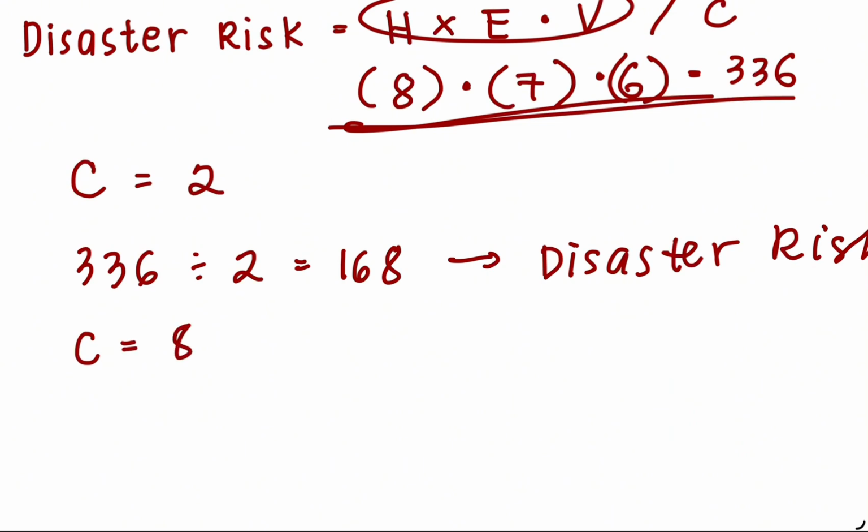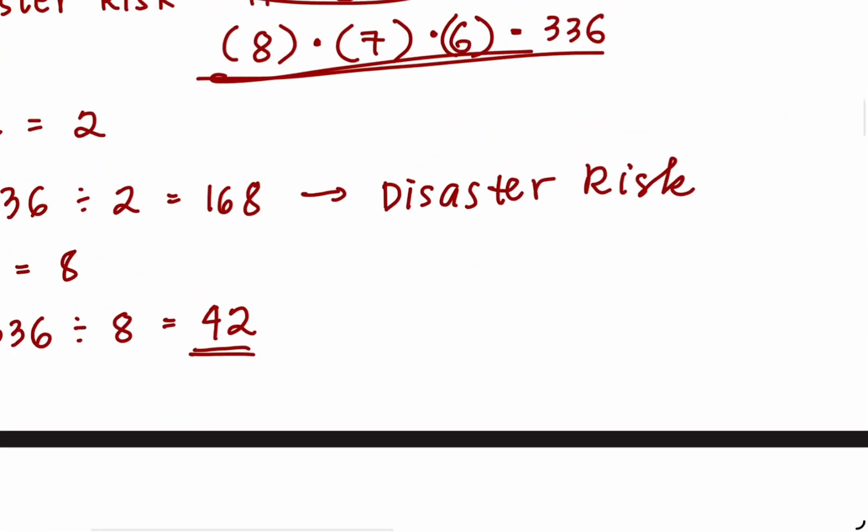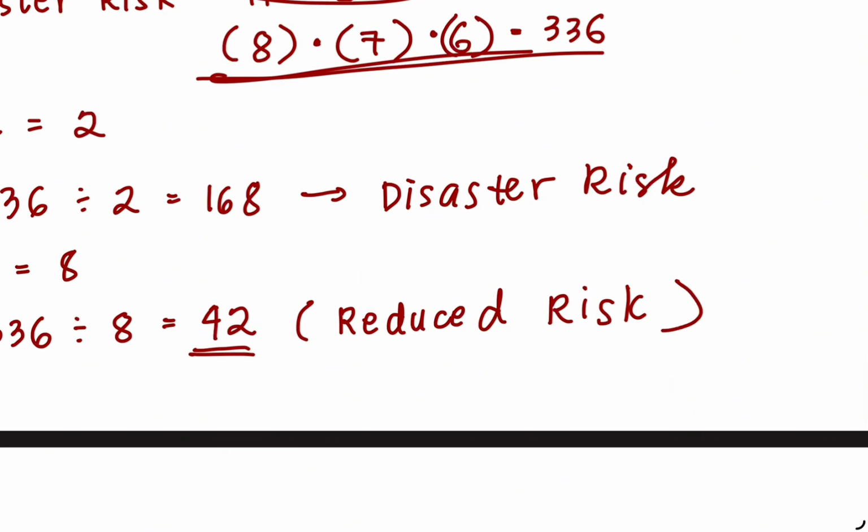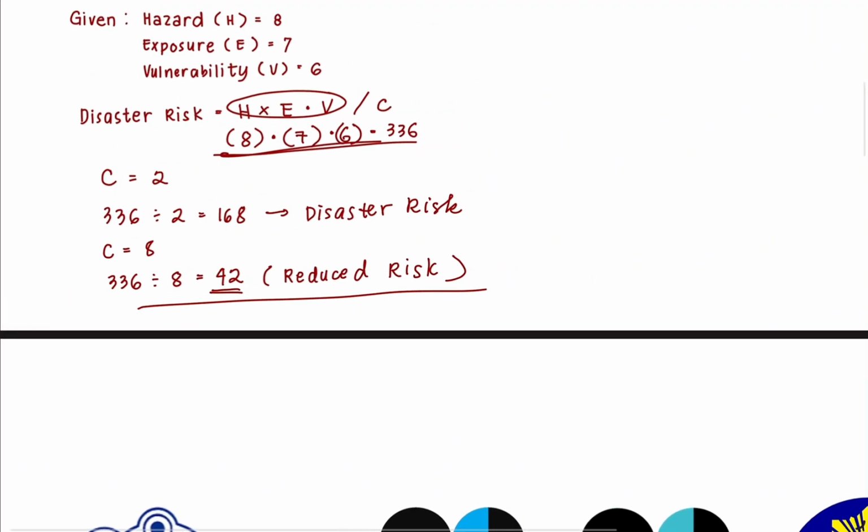So what we have here is 336 divided by 8 is equal to 42. So this is only the disaster risk of Carlo. So this is termed as reduced risk. This is good, this is better since it's below 50.